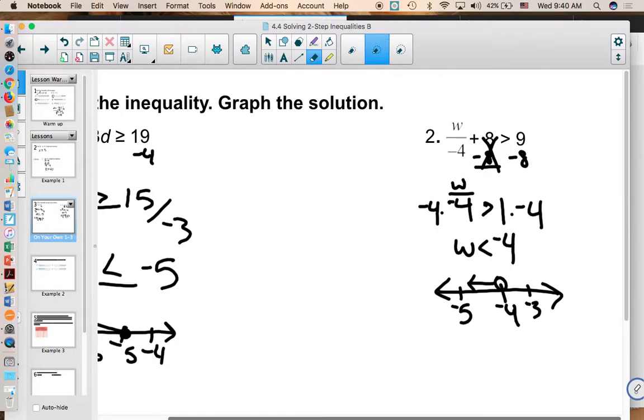Okay. She says W is less than -4. Do you agree? Is the graph correct? Yes. Okay, we're good to go?